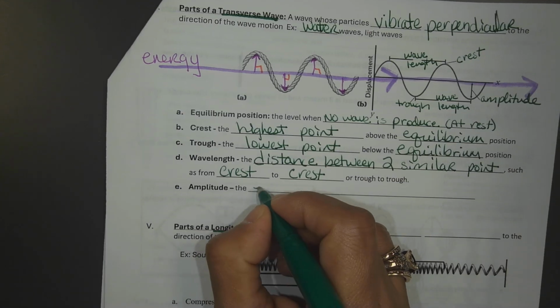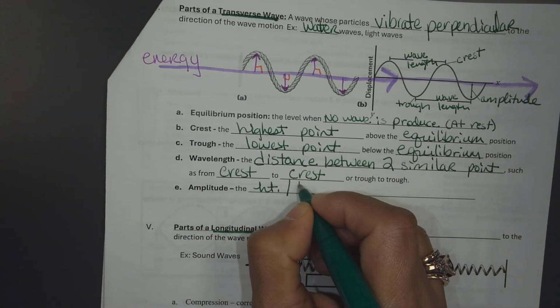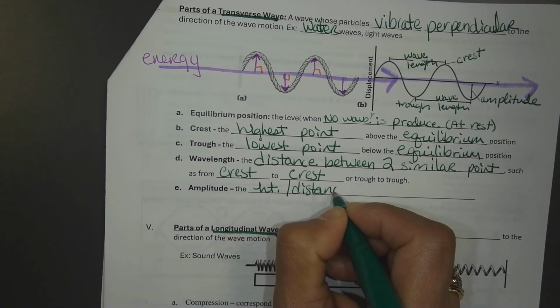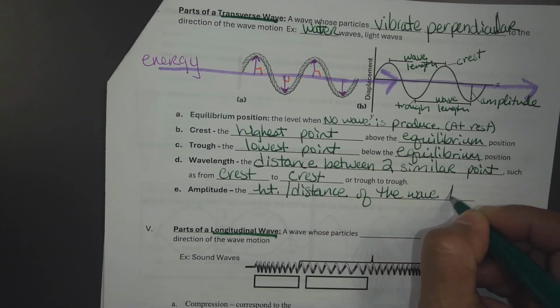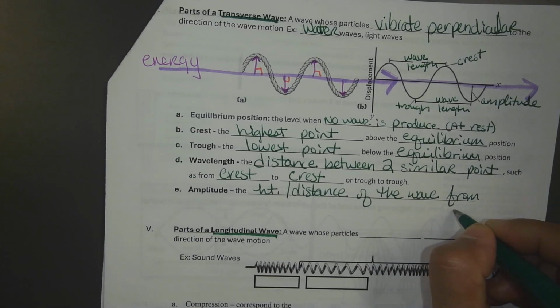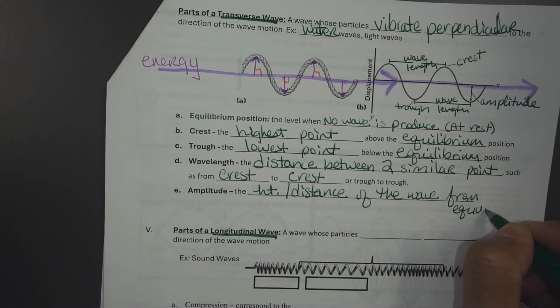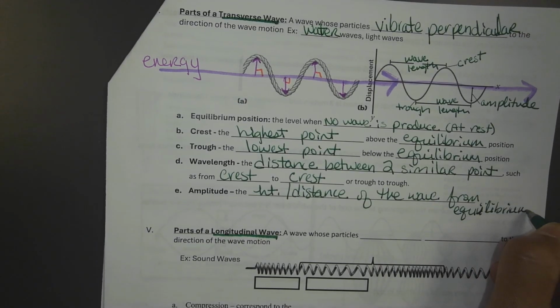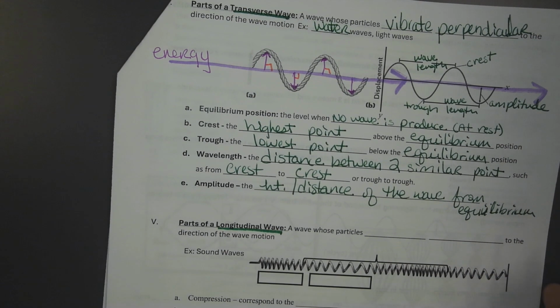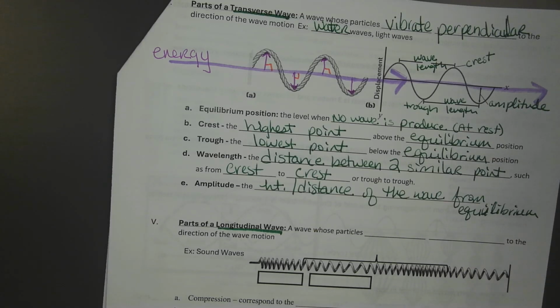The amplitude will be the height or distance of the wave from equilibrium. Meaning, the more energy it has, the higher it will travel. That perpendicular vibration will be higher up in comparison to the equilibrium.